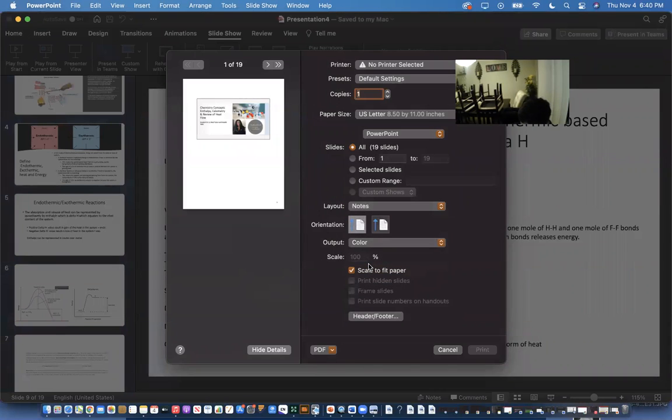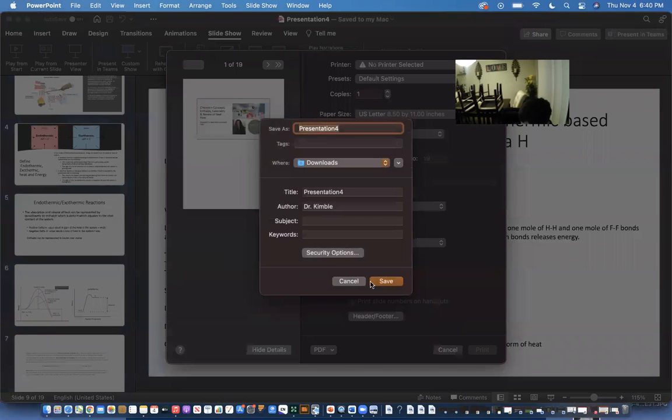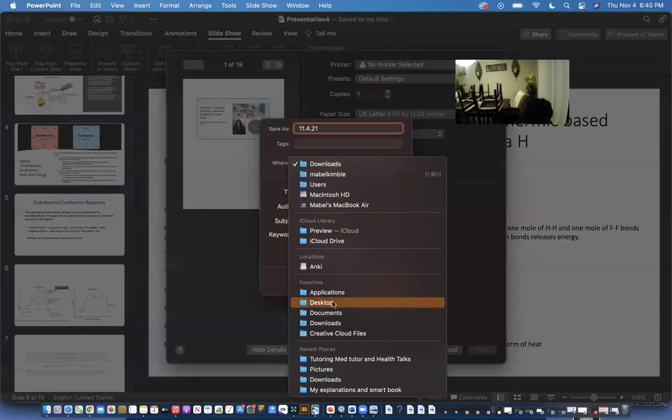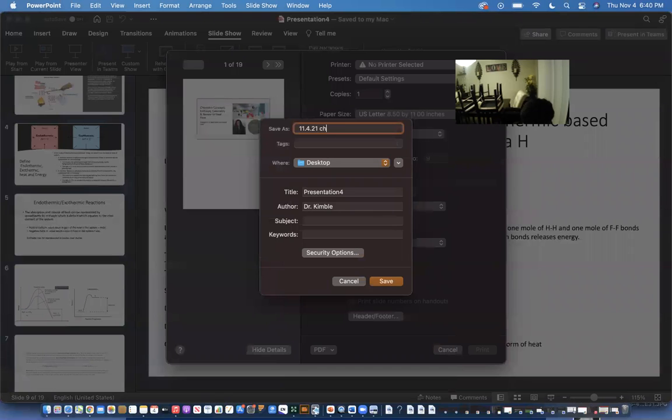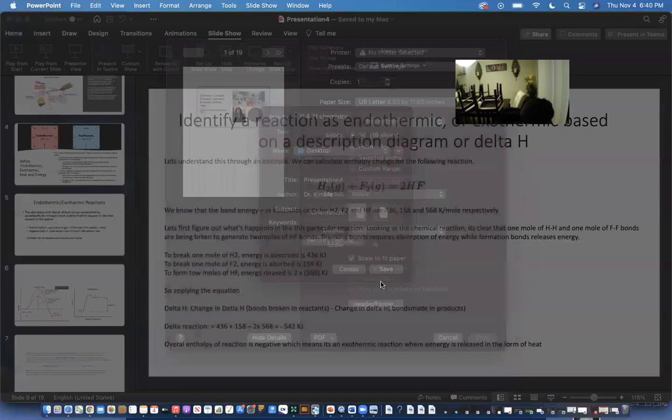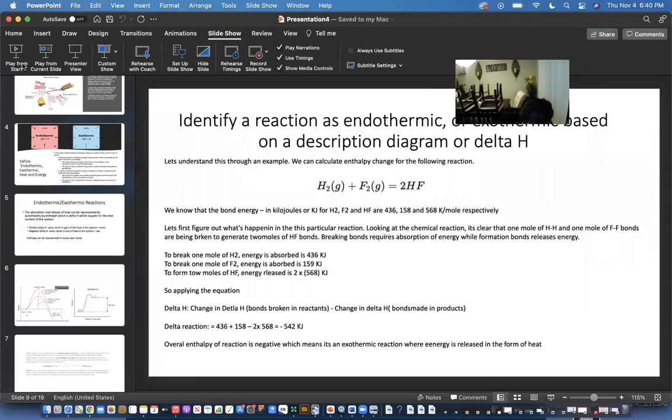Sorry, my thing just died. Oh my God. Okay. Save as PDF. What is this? 11/4/21. Desktop. Okay, and then there's also some notes on here.